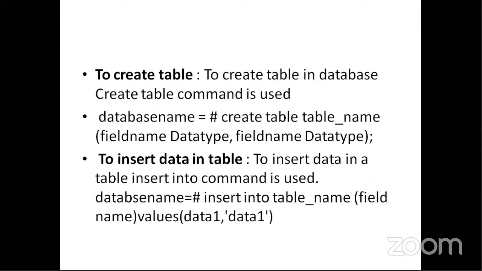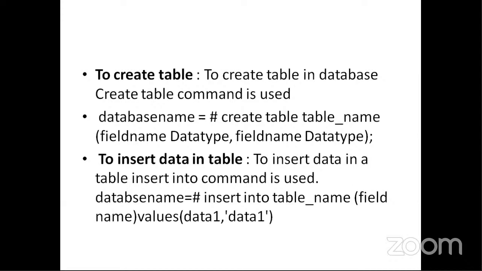We have seen how to create the database: create database and the database name to create the database in a DBMS, Postgres SQL. Then we have to connect to the database, like \c and then the database name, as we have seen, college as the database name.